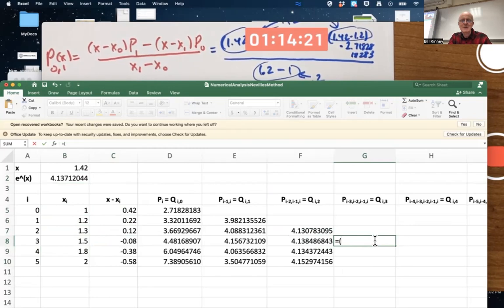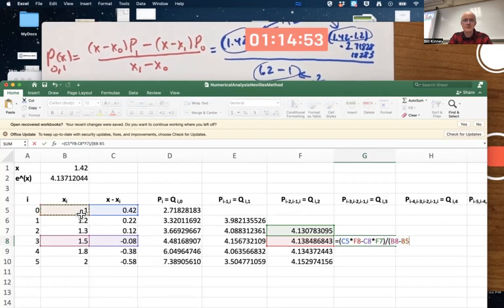Once again, we use the first entry of this column, which will be down in the row that you see here, we use this very first x minus x0 times this number that is in the same row minus this one, x minus x3, times this one that is just 1 row above, divided by x3 minus x0.